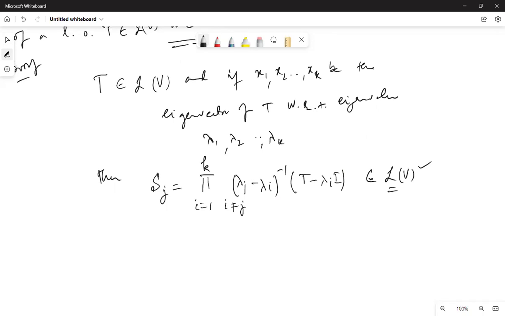Okay. Now you just check Sj when applied on xl. What are you getting from here? Immediate calculations, quick calculations.